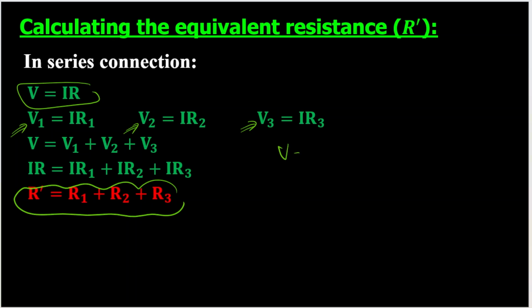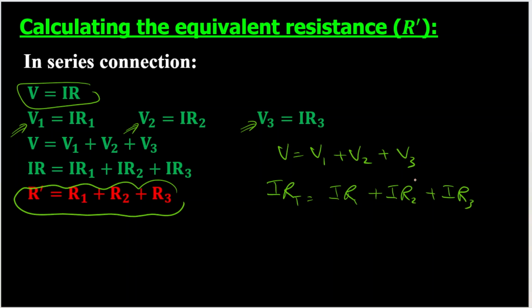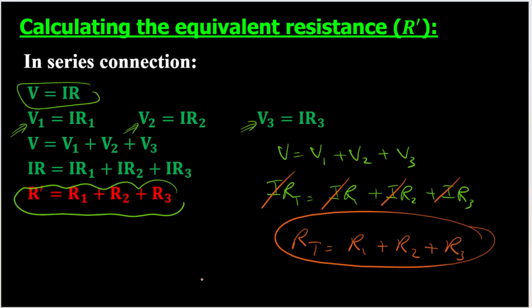Since the total voltage is equal to the reading of the first voltmeter plus the second plus the third, I times R total is equal to I times R1 plus I times R2 plus I times R3. We take I as a common factor from the right-hand side, and it cancels with this I. So the total resistance is equal to the summation of all resistors. This is for series connection only.